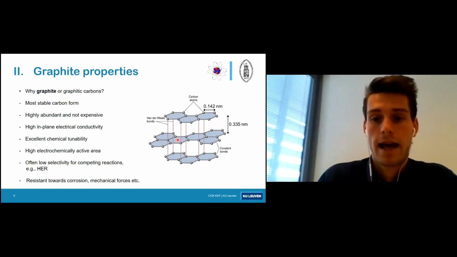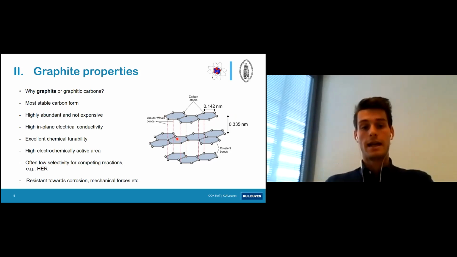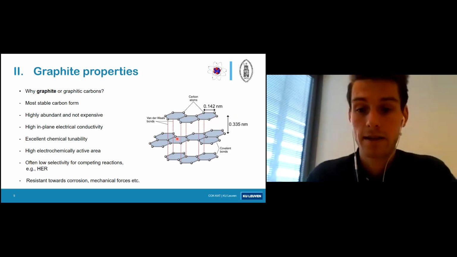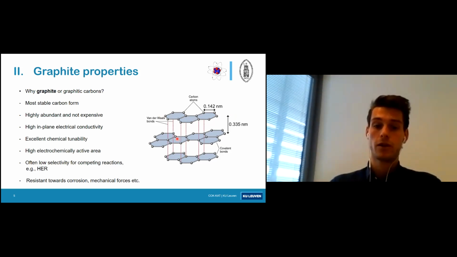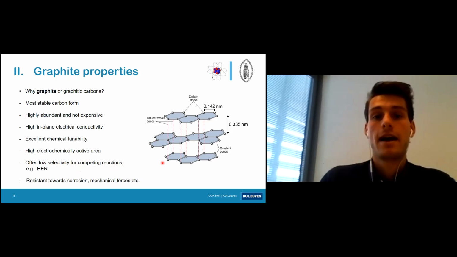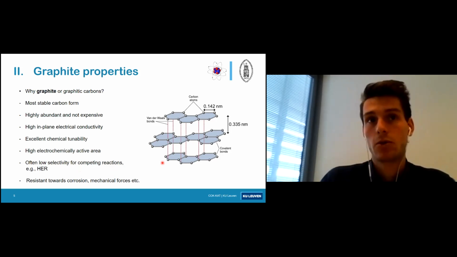It has also a very high electrochemical active area. That's a typical property of a lot of carbon materials, that they can be very active due to the accessible surface area. And most carbons, and especially graphite, are also characterized by their low selectivity for competing reactions in electrochemical reactors.